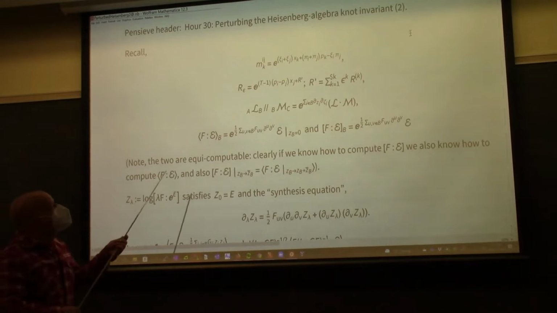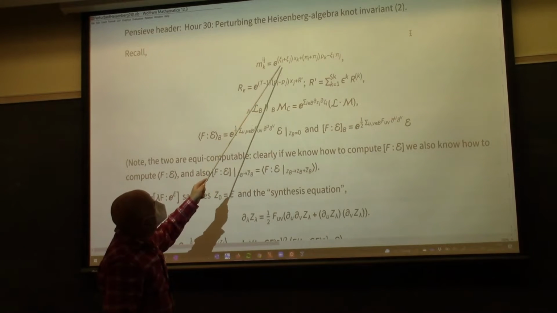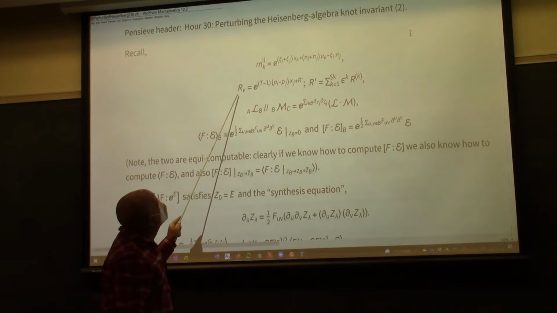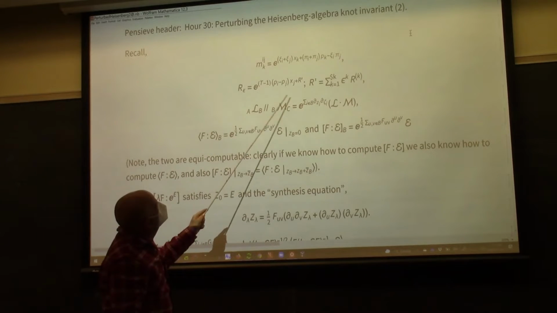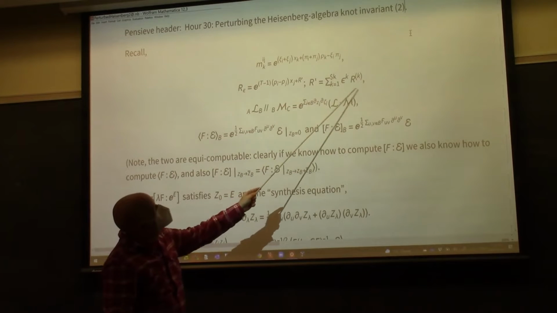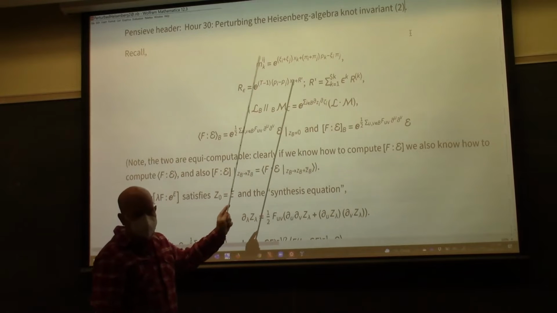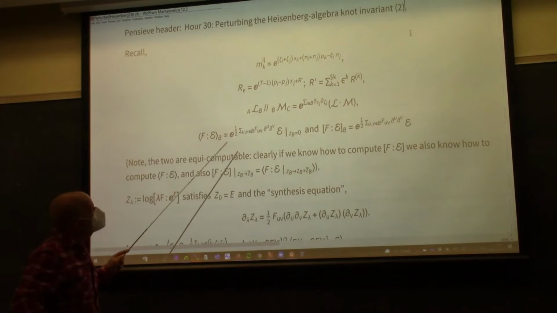So I remind you, we have the basic tensors. This is Mijk, the multiplication map. This is the R element, the value of the crossing, and we're trying to perturb it by adding R prime, which is a power series in epsilon, beginning with epsilon to the 1, so that it's actually a perturbation.